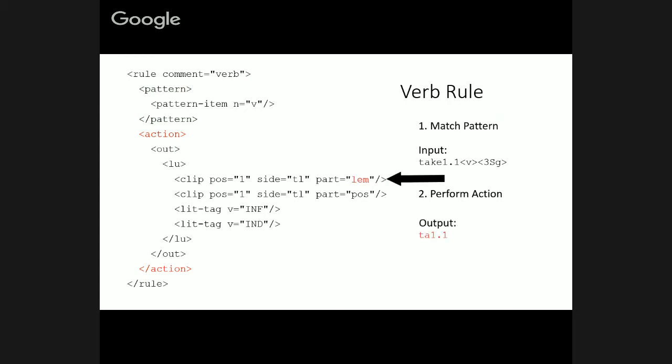And then the LU stands for put out a lexical unit, so it's going to put it in between a caret and a dollar sign to indicate this is a lexical unit, and I'm going to one by one put out the things that you decide to put out. So in this case, we're putting out the lemma. That's basically the Swedish translation of the English take. And then it puts out the grammatical category. And you'll notice the TL here.